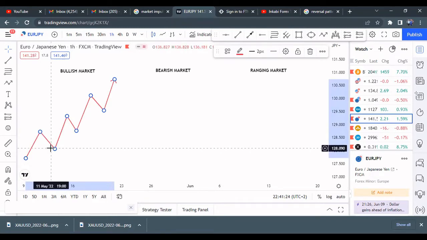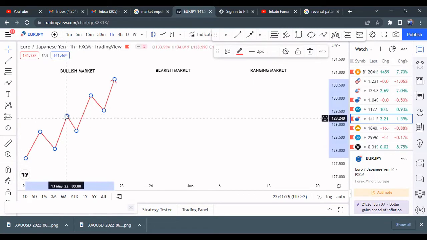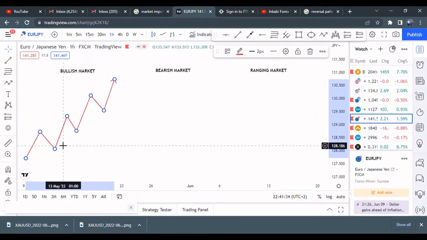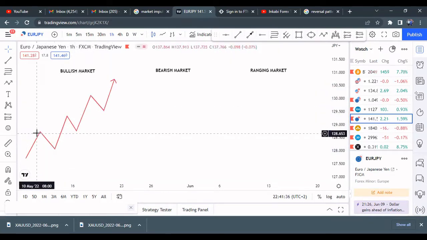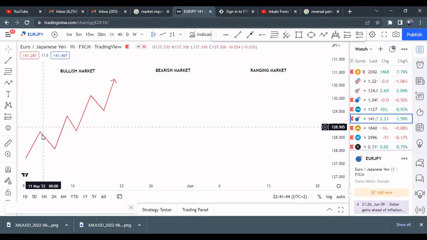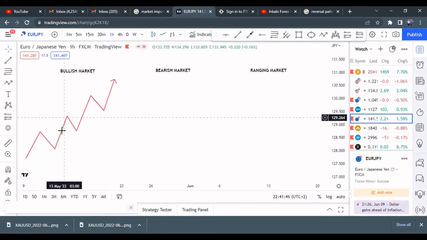Then on this side we have another higher high and a higher low, a higher high, a higher low. That's the reason why it is a bullish market, with prices trending to the upside.